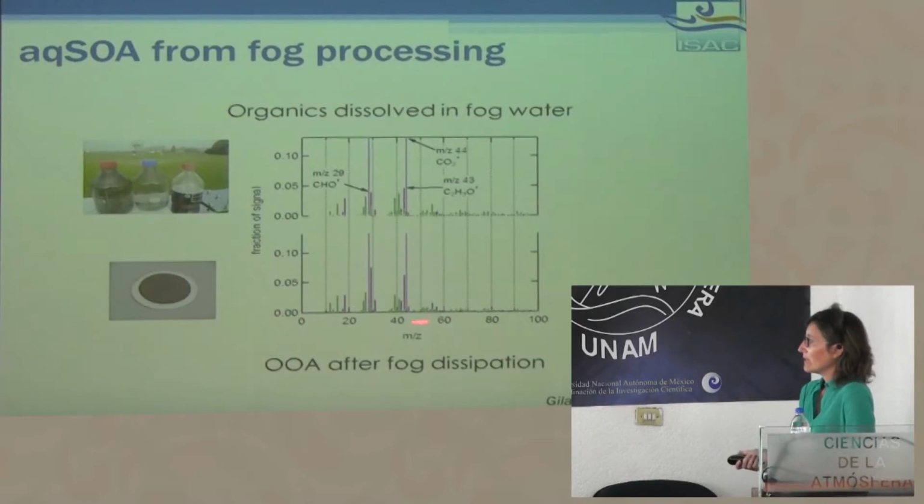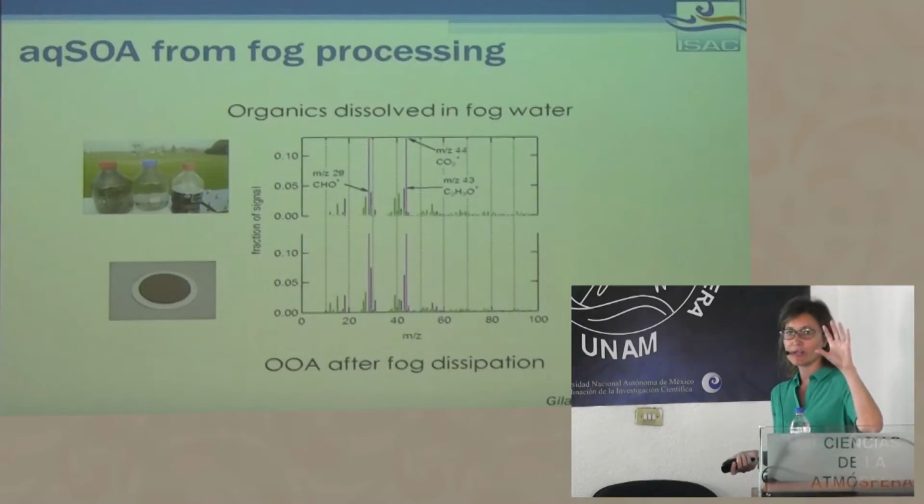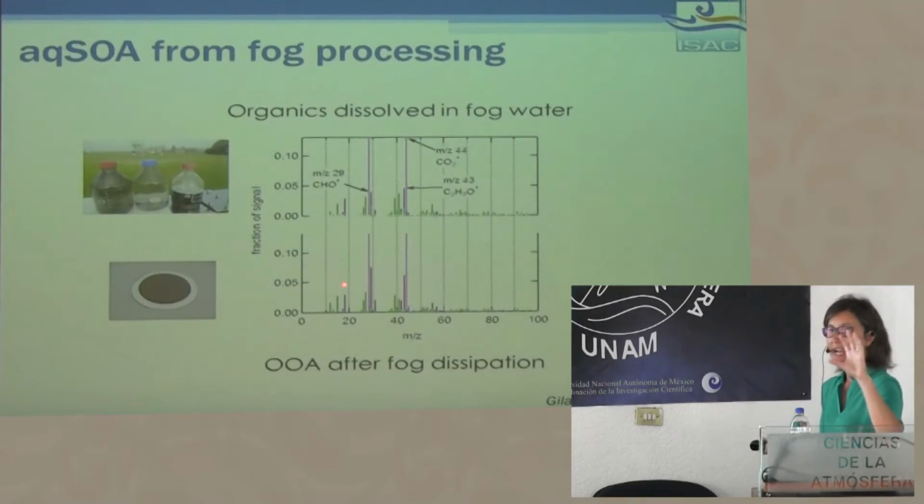The bottom spectrum is actually the mass spectrum of the oxidized organic aerosol observed in San Pietro Capofiume right after fog evaporation. So we know how the organics in fog water look, and this is the organic aerosol that we see when fog disappears, when fog evaporates. And you see that the two spectra look very similar, with the most intense peaks at m/z 29, 43, and 44.